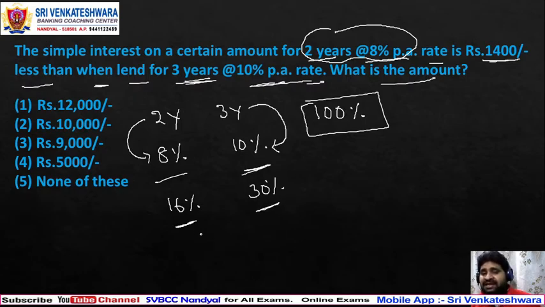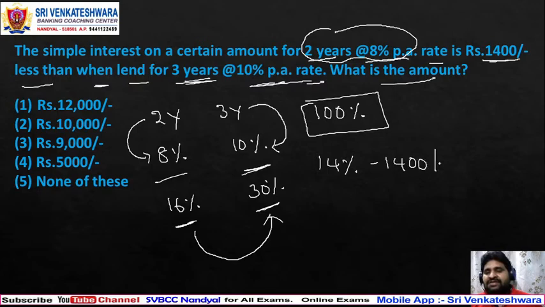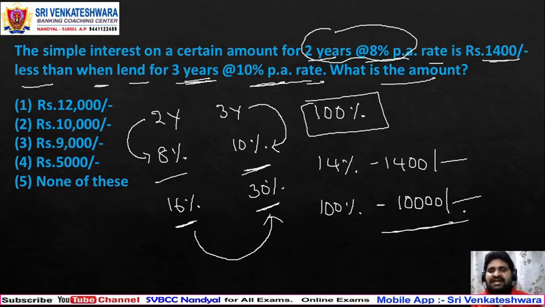But the point they said, the difference in interest between these two cases is 1400 rupees. Here we are paying 16, here we are paying 30, which means the difference is 14%. So indirectly they're saying that the difference of 14% is 1400 rupees. So can I get the 100 here then? 14% is 1400 rupees. That means every 1% is 100. Then 100% is 100 hundreds. That means if I take 4 zeros, it will be exactly 10,000.